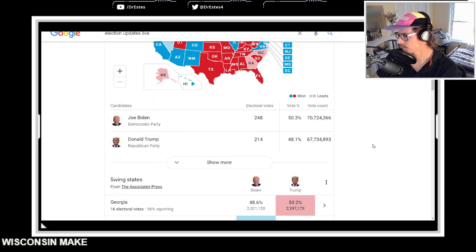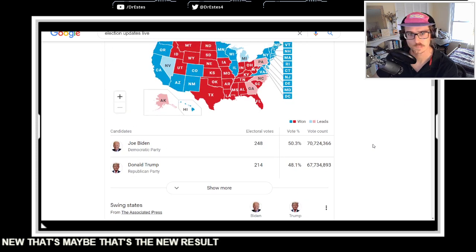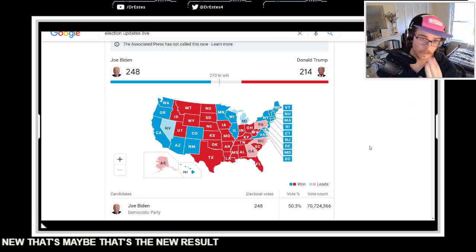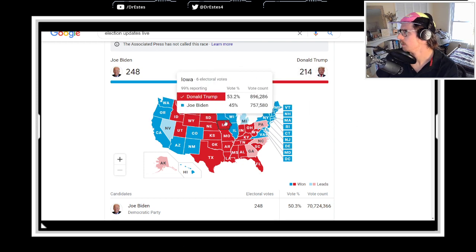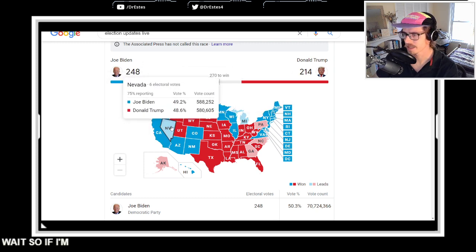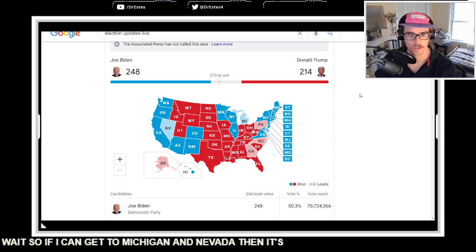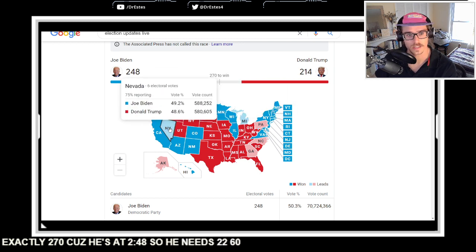Maybe that's the new result. Wait, so if Biden gets Michigan and Nevada, then it's over. Because I think that brings him to exactly 270, because he's at 248, so he needs 22. 16 plus 6 is 22.